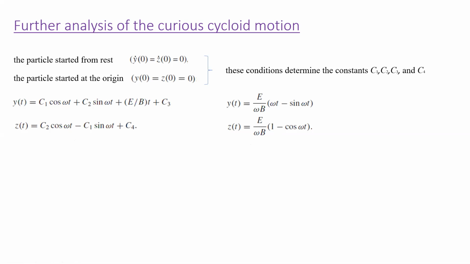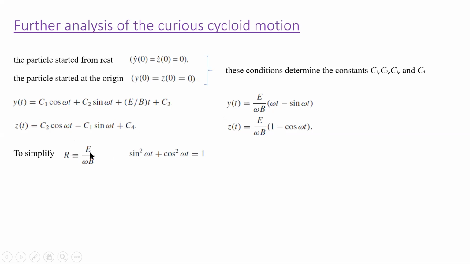Okay, so here are two equations. These are the trajectories of y of t and z of t, but what does it actually look like? Well, we can use a nice little trick to simplify.